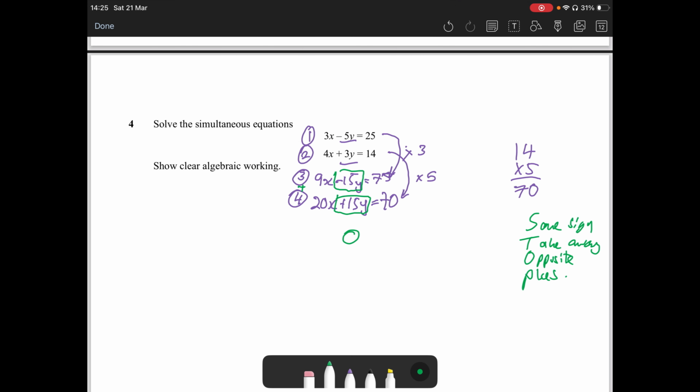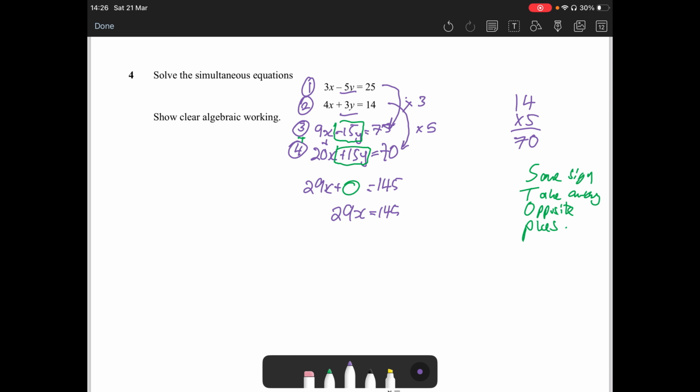That's the whole point. So when I add them together, the 15y and the minus 15y cancel out. All right, let's add together 9 and 20, 29x equals 75 and 70 is 145. Cool. So 29 lots of x equals 145. Oh, this is a tricky one.